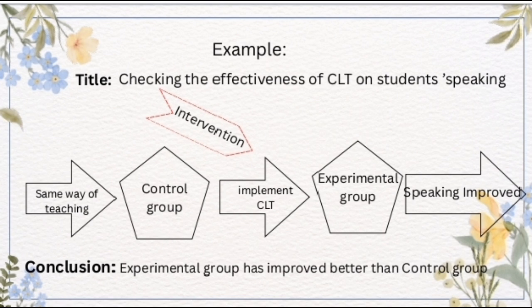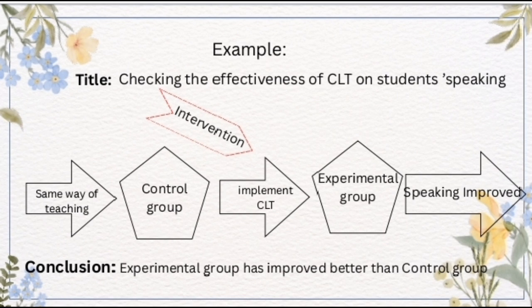For 15 or 20 days the students of the experimental group will be taught by the CLT method, and the control group students will be taught as they were taught previously, through the traditional method which their teachers use in the classroom.